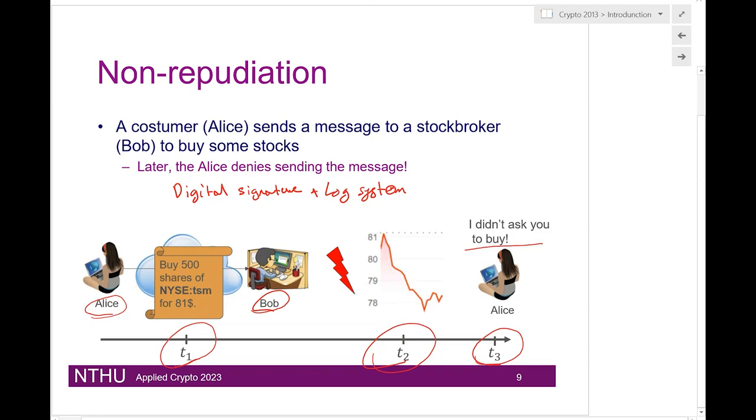And then Alice would be able to deny again, because there is no record of that request along with the digital signature on the system. And that's right. So do you see, it is not very easy to solve this, even these easy examples.